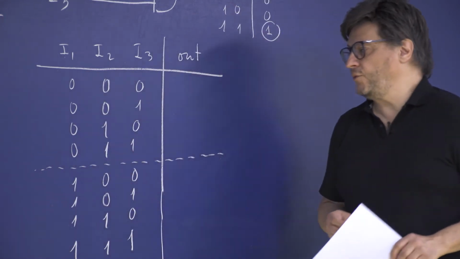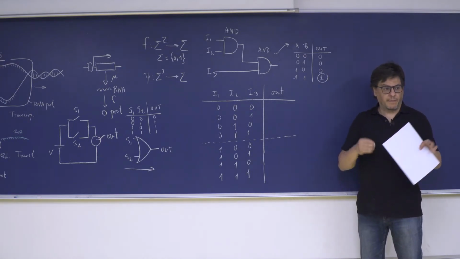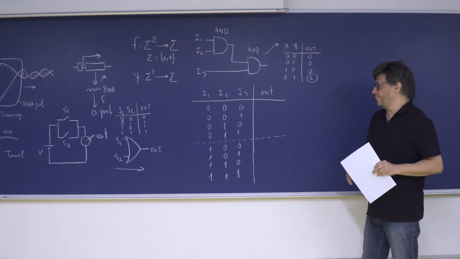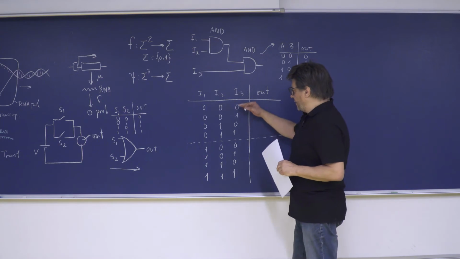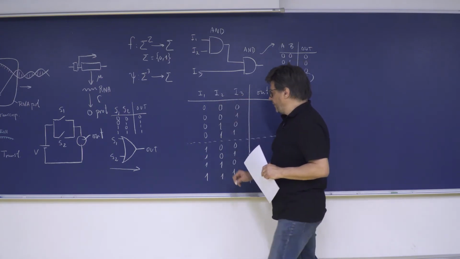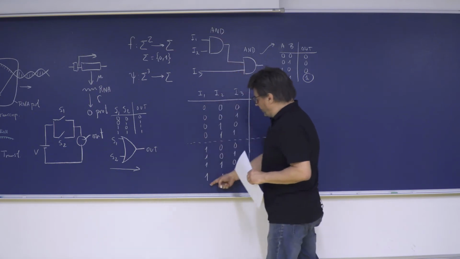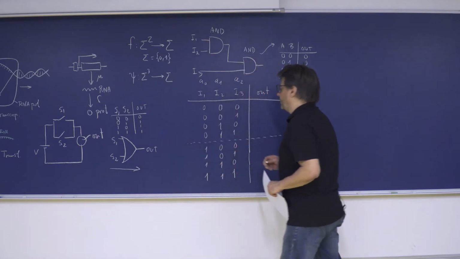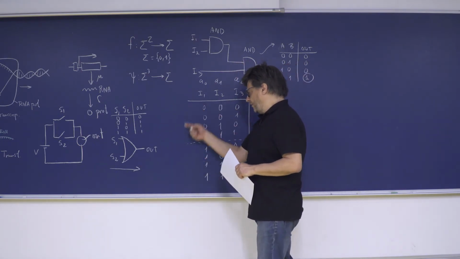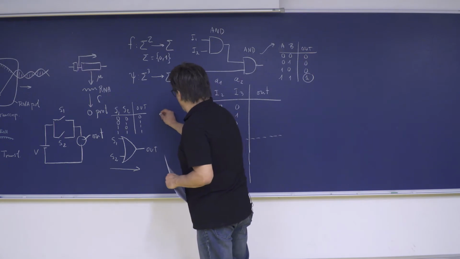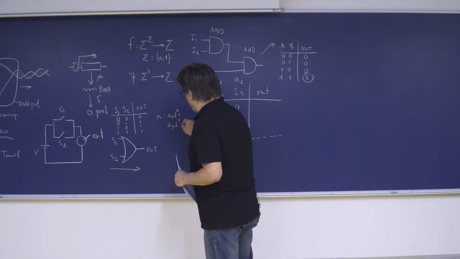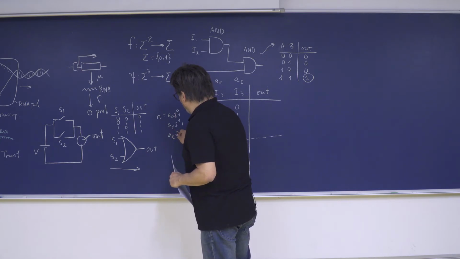Remember, if you don't have that in mind, that the mapping from binary to our standard decimal numbering approach is that you take any value here. Let's say that the numbers here are A0, A1, A2. The corresponding number in our standard numbering will be A0 times 2 to the 0 plus A1 times 2 to the 1 plus A2 times 2 to the 2.